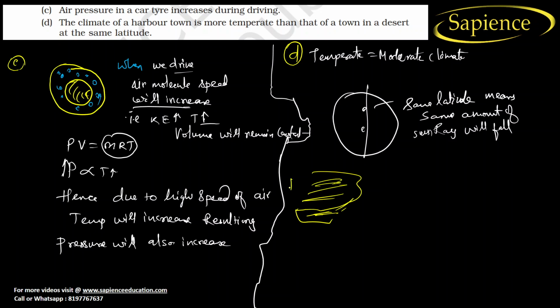Now the situation is that on one side there is a desert, and on the other side there is a seashore, so there is a lot of water.